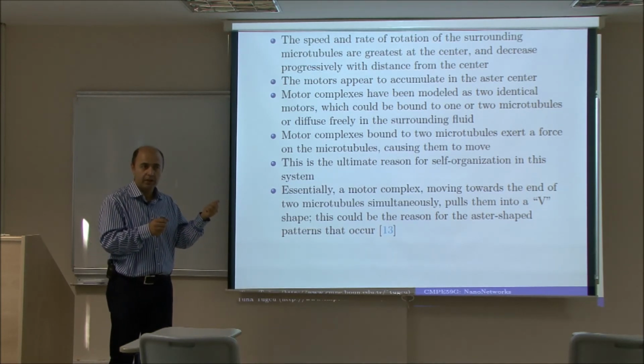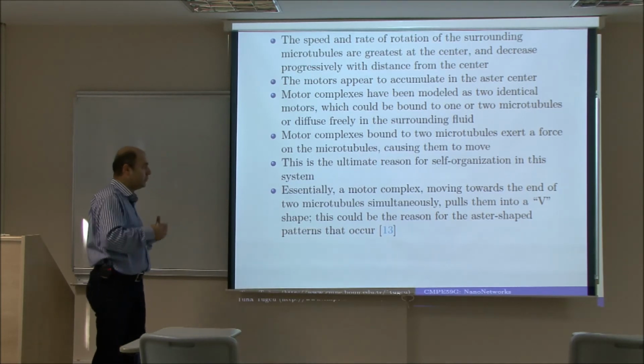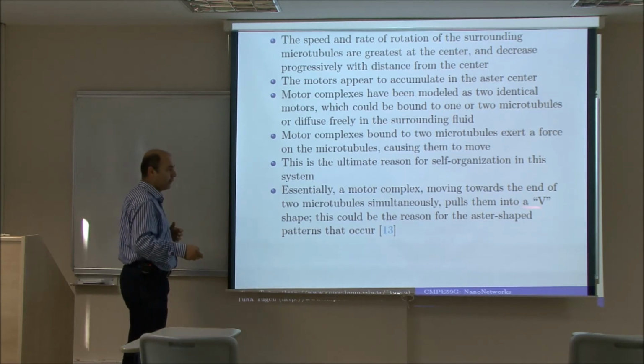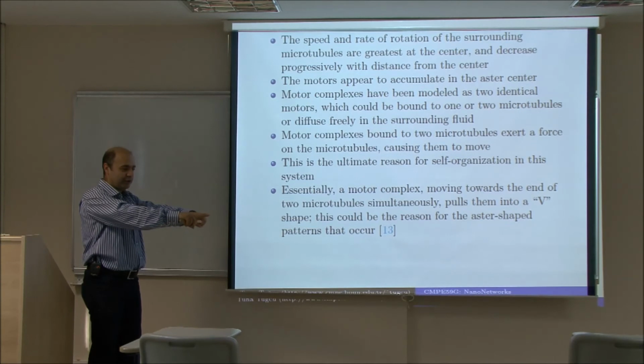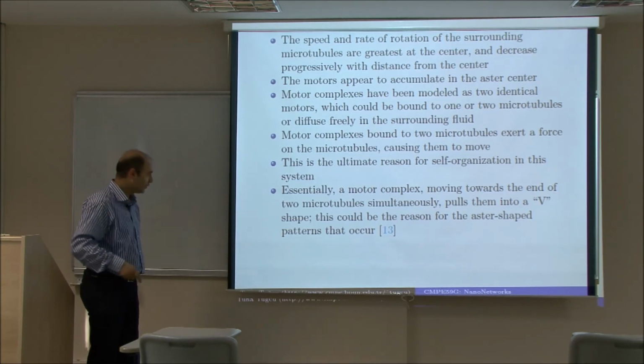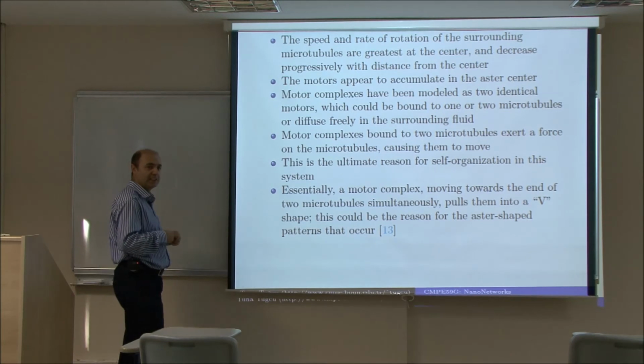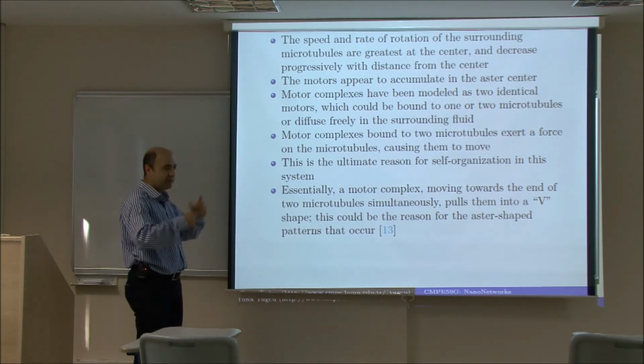And as they move, actually, they form a V shape of these microtubules, because you have a motor complex pulling it here. So you're able to change also the shape of the microtubules, because these rails, remember, are actually floating in the cytoplasm.